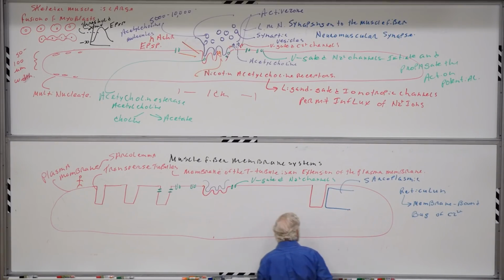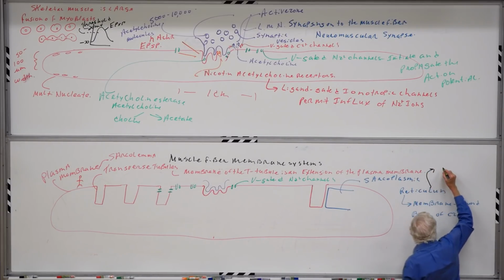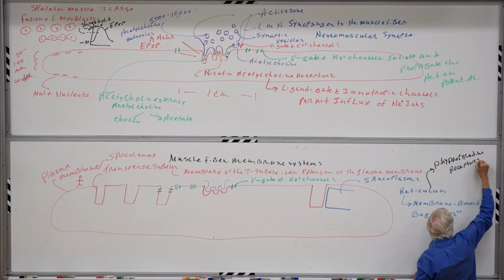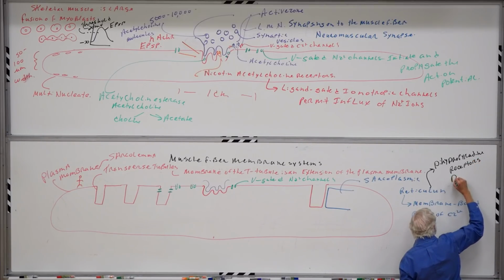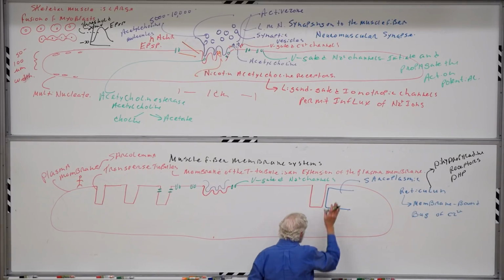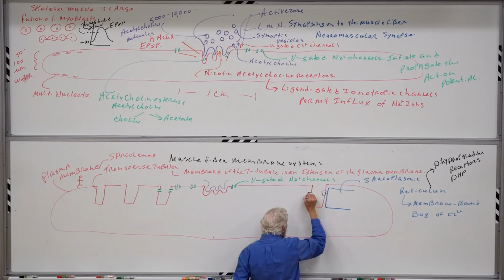And what we see is that there are proteins known as dihydropyridine receptors. These dihydropyridine receptors we abbreviate as DHP receptors. Now, the dihydropyridine receptors are transmembrane protein molecules, and they extend across the T-tubule membrane.